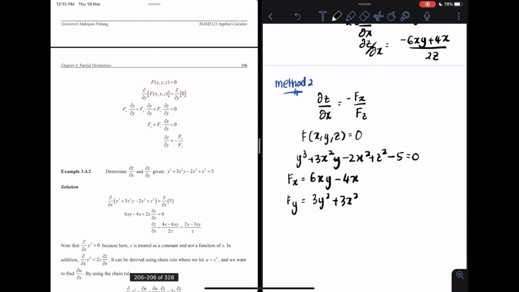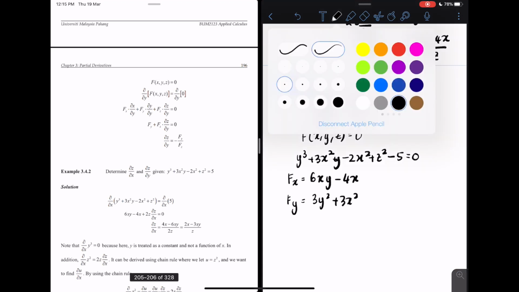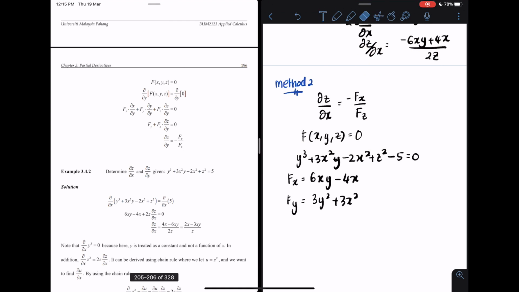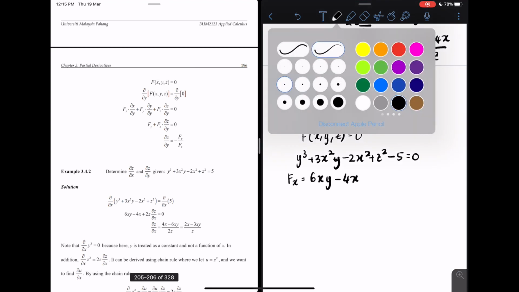No, the question never asked me about fy. So what should I do? I have to relook at the question. Okay, I need to delete this one. If the question asks me to determine del z del x, I have to determine the partial derivative with respect to x and the partial derivative with respect to z.